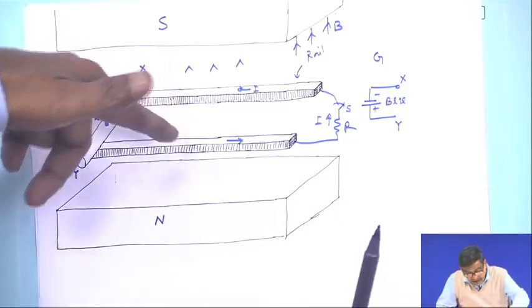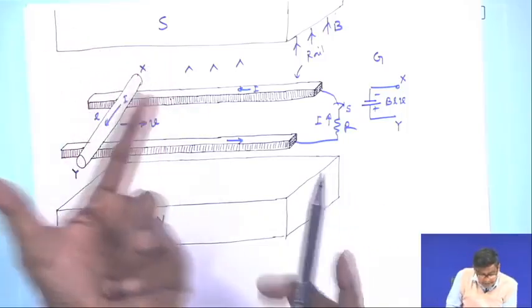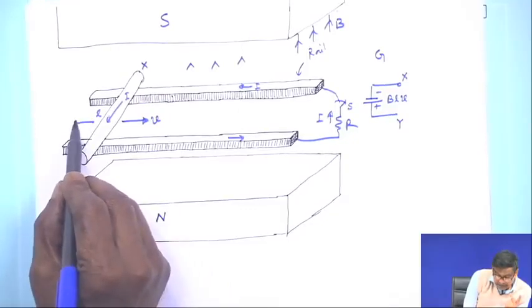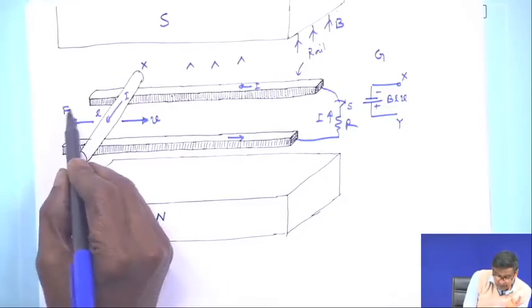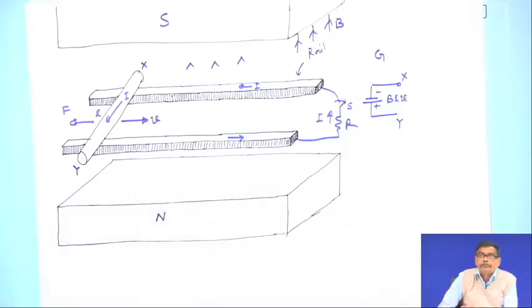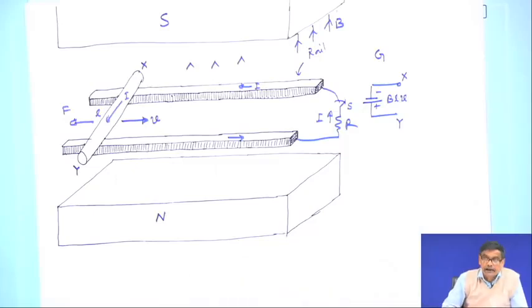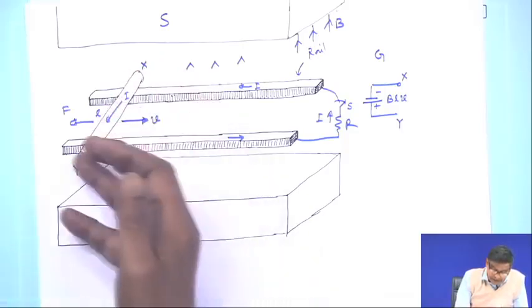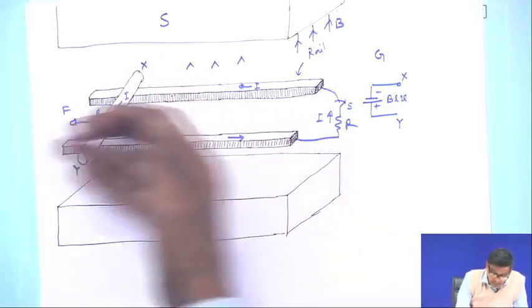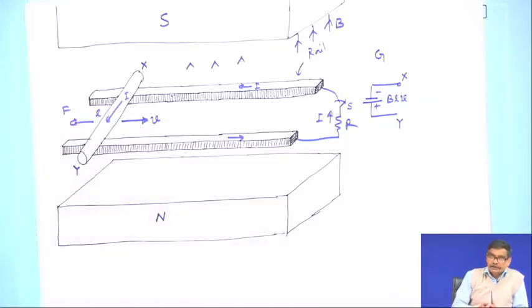This is I, this is B, and the force experienced, you apply your left hand rule, will be in the opposite direction of motion. Got the point. Therefore, when the generator action is taking place and you want to utilize that power in some circuit elsewhere, you soon discover that the conductor now experiences a force in the opposite direction.